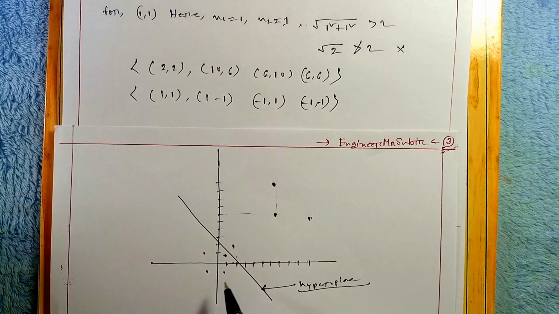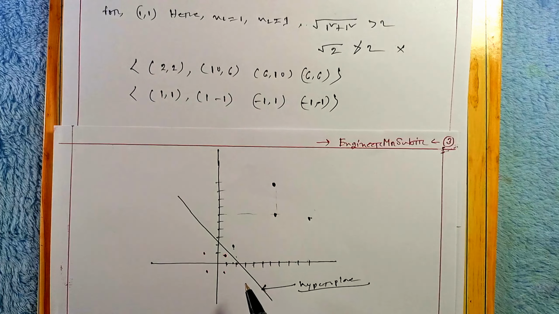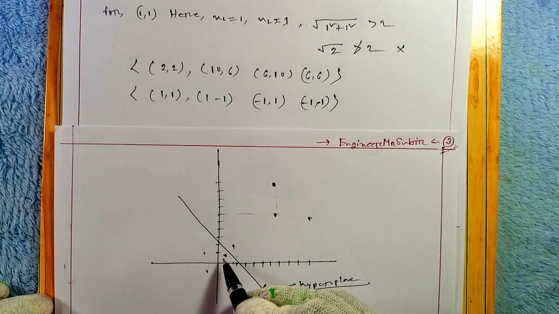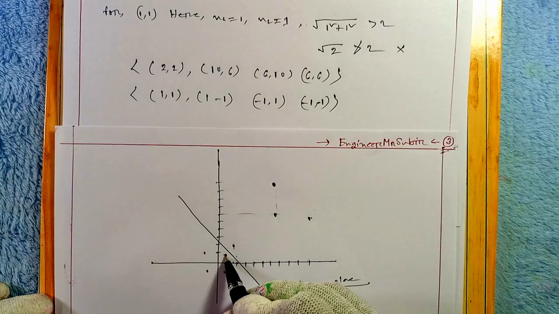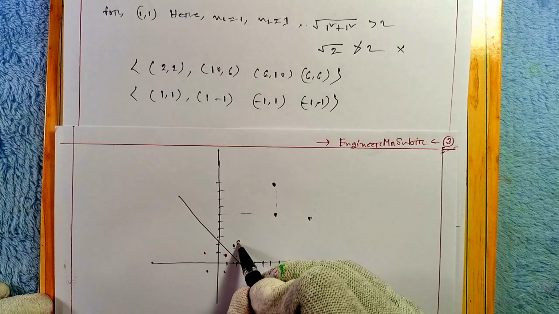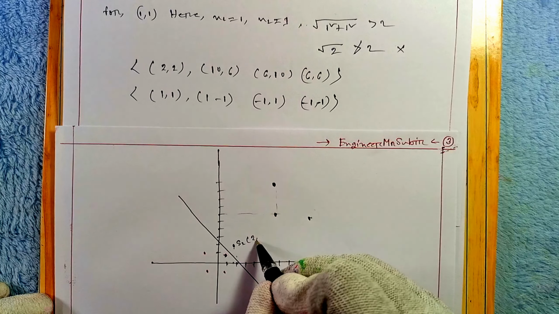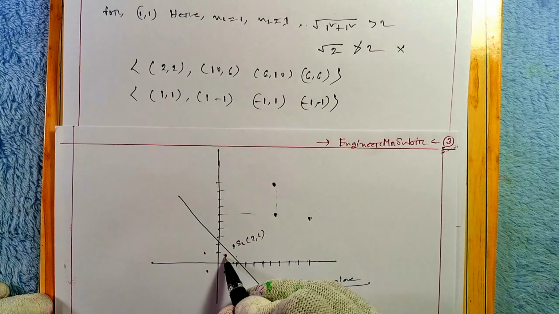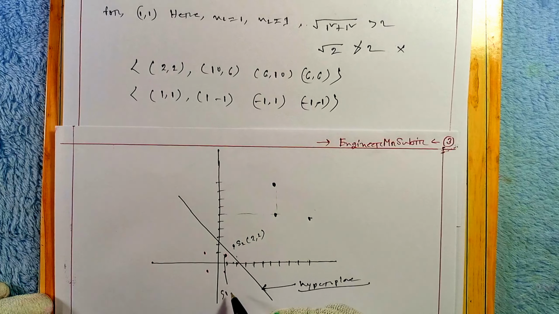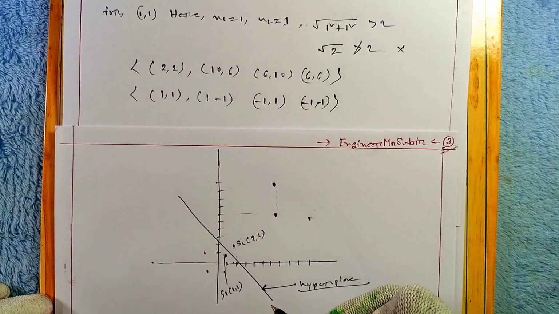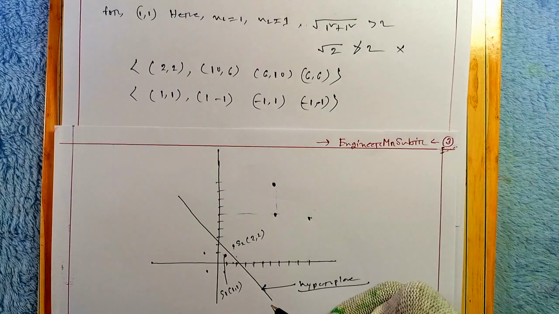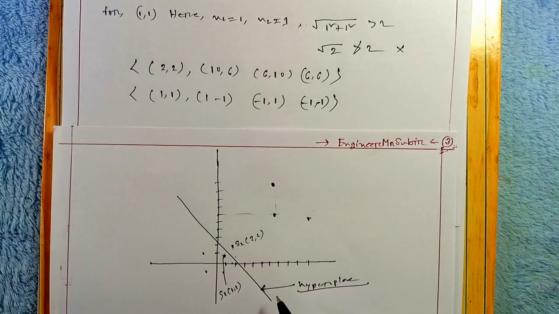So in the hyperplane we got two support vectors. This point is 1 and 1, this point is 2 and 2. Suppose this is S2, 2 and 2, and this is S1, 1 and 1. Okay, and we already got the support hyperplane. Now we only have to find the maximum margin.